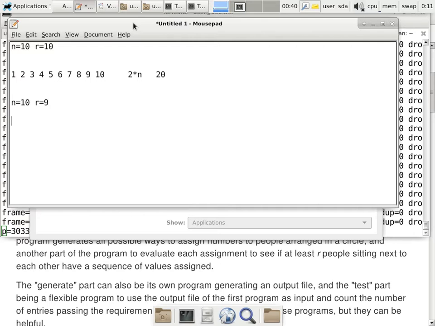Wouldn't it be the same? It would be the same, exactly. Because if 9 numbers are in sequence already, we only have 1 number left, so how do we know that number has to be in sequence as well? There's nowhere else for it to be.